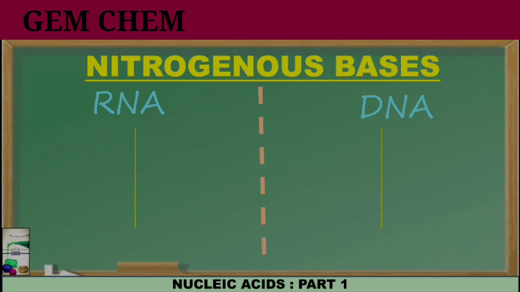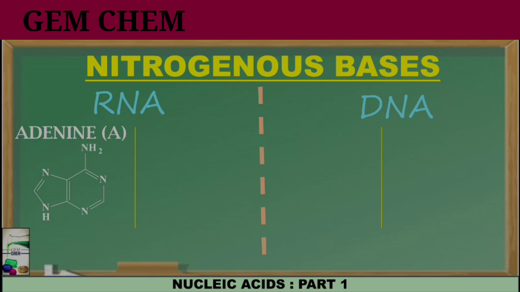So, what are the nitrogenous bases basically present in RNA and DNA? Three of the bases which are present in RNA and DNA are the same, whereas one of the bases will be different for both cases. First, we are going to see adenine. So, you can see here we are getting a base with 2 rings. One is a 6-membered ring, one is a 5-membered ring, and here we have heterocyclic linkage.